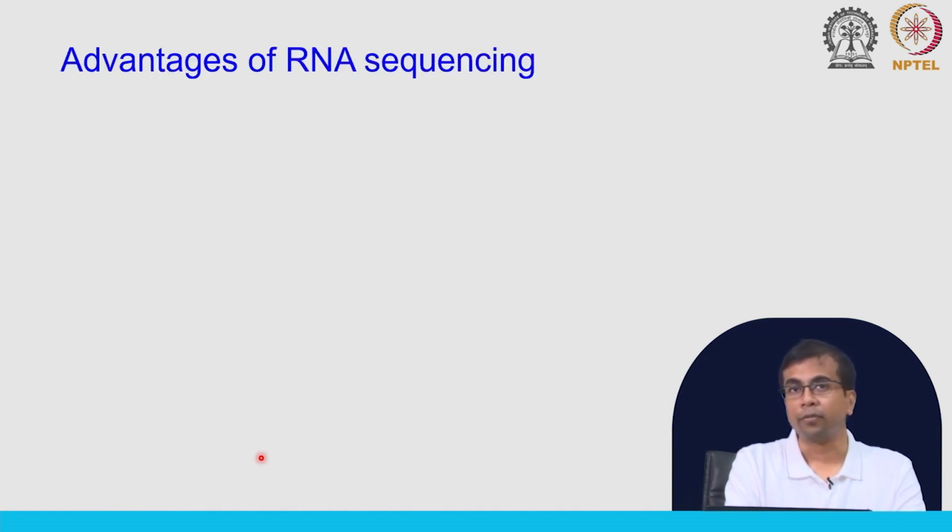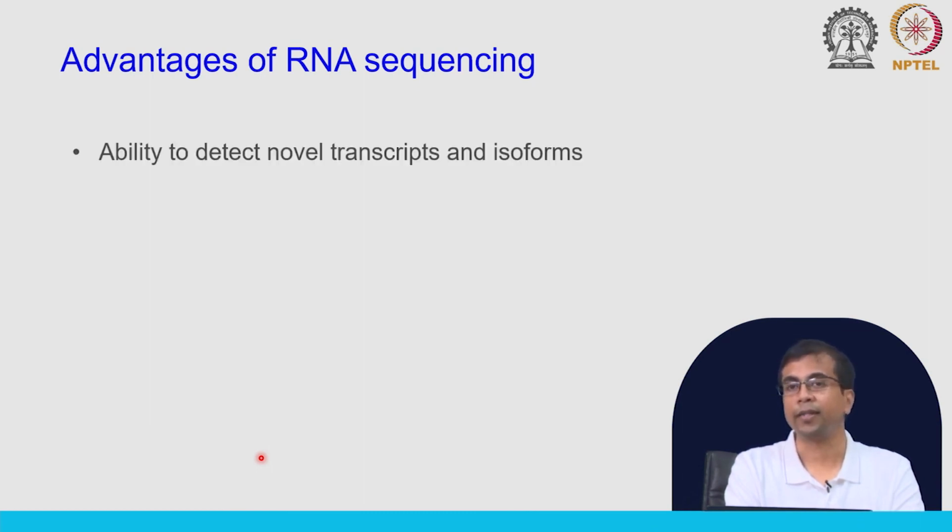So, we can now move into the advantages of RNA sequencing after all this discussion. One of the first things we have seen is that it has the ability to detect novel transcripts and isoforms quite easily. We can combine short read and long read sequencing to identify all these variants very easily.